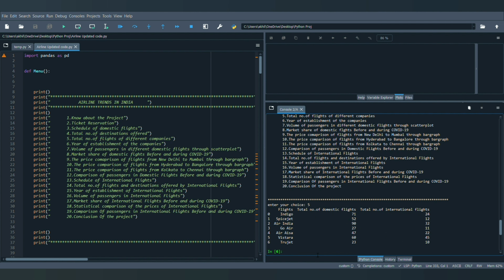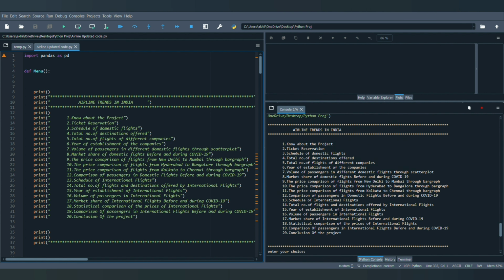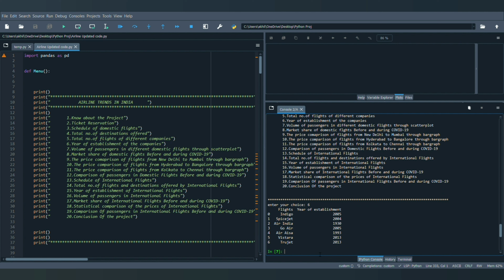The fifth option tells us about the total number of domestic flights of these companies as well as the total number of international flights that are offered by them. The sixth option will tell us about the year of establishment of these different companies.